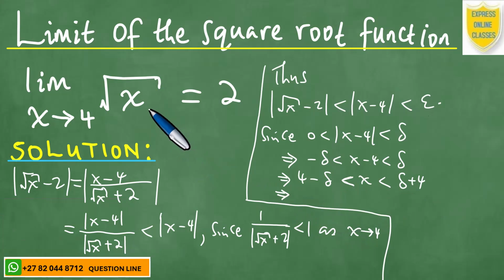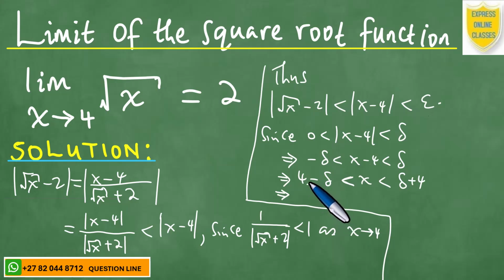The domain restriction on the square root of x is very clear: x must be greater than or equal to 0.